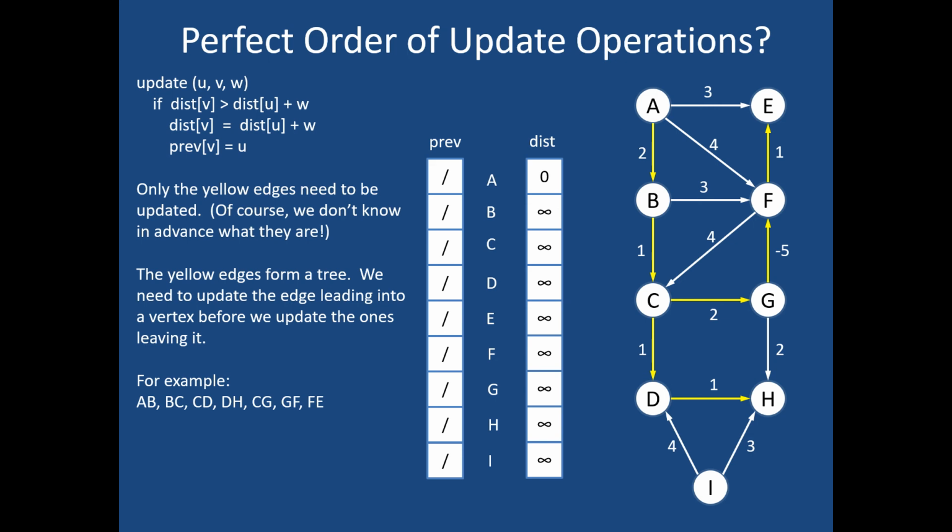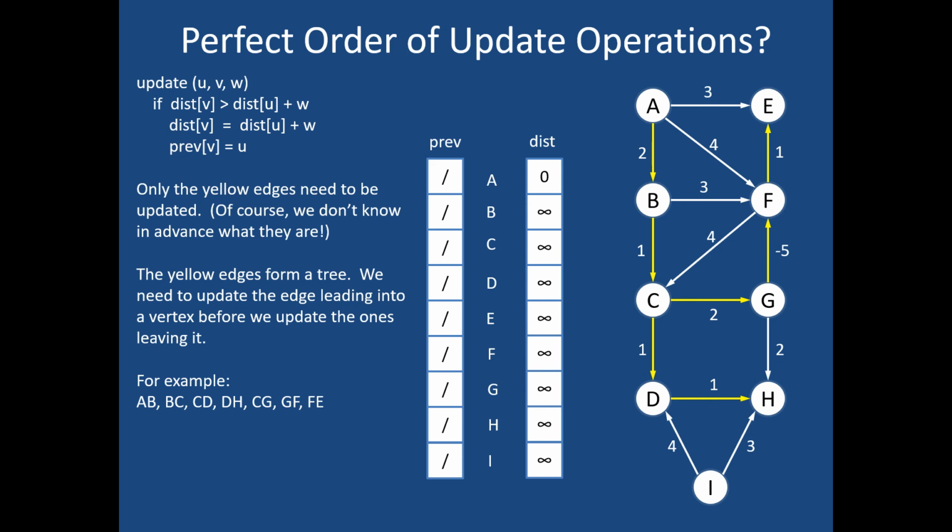The yellow edges formed a linked list. That could be at most V minus 1 edges. So the brute force solution is just V minus 1 times, update every edge. Update every edge, do it again, V minus 1 times. That's guaranteed to waste a lot of time, but also update the yellow edges in the proper order at some point. And you're done.